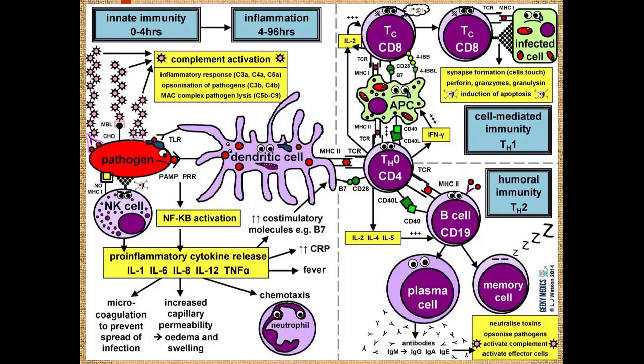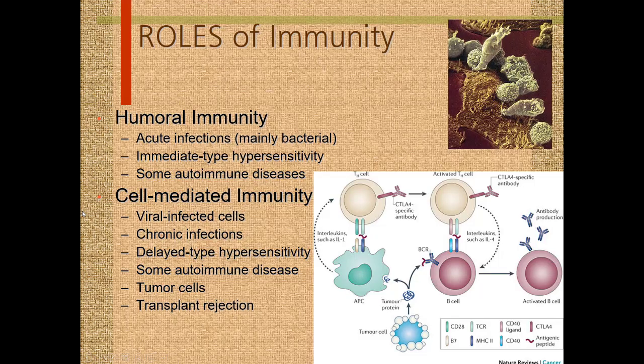Each one of these immune responses has a particular thing that it is involved with. For humoral immunity, its big job is to fight against acute infections that are usually going to be bacterial, like streptococcus, which causes strep throat, staphylococcus that causes toxic shock syndrome, or maybe it causes an abscess or a boil.